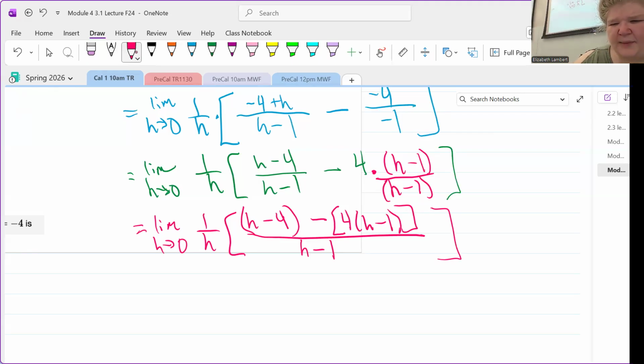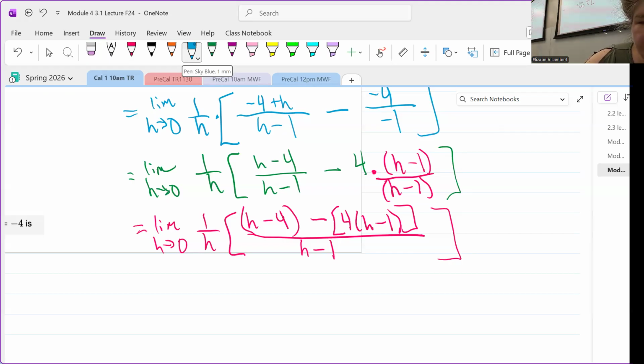All right, so I got the common denominator. I shoved it all together into one giant fraction before I bothered with any distribution. So on top, this 4 I have in front of the h minus 1, that's going to get distributed through, but there's also a minus sign outside that.